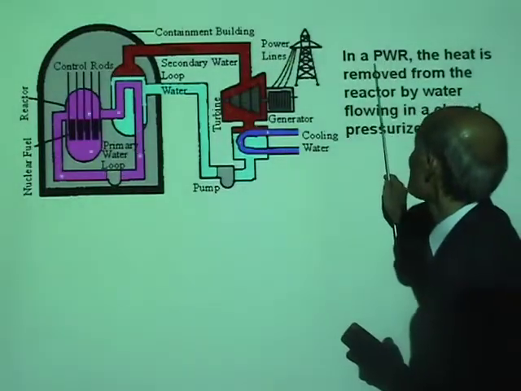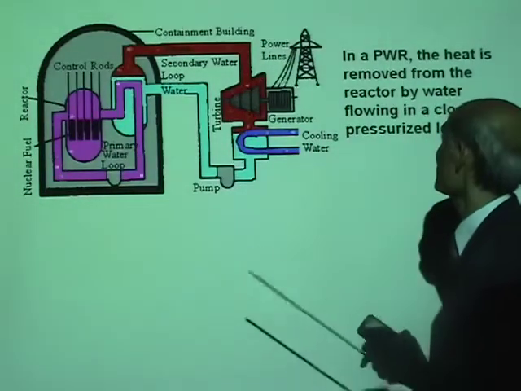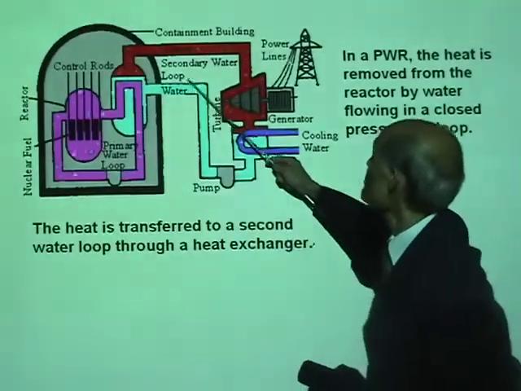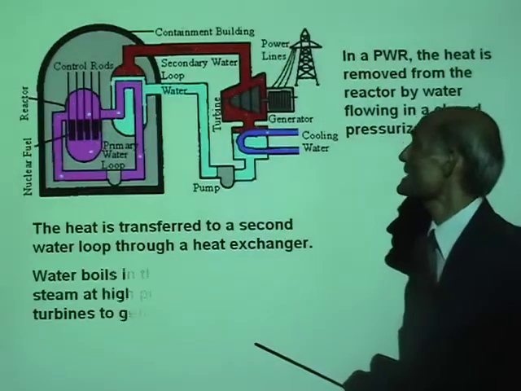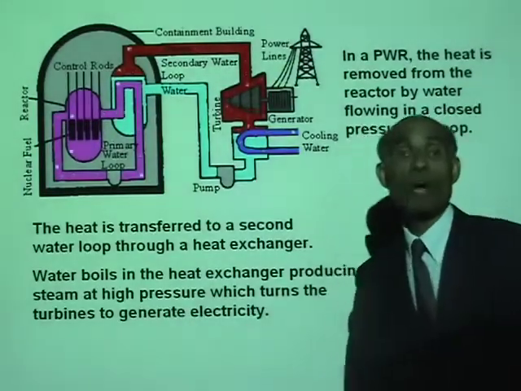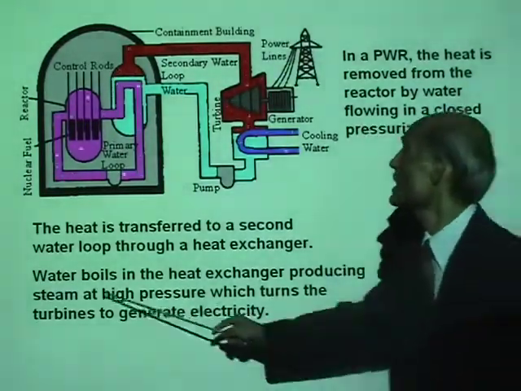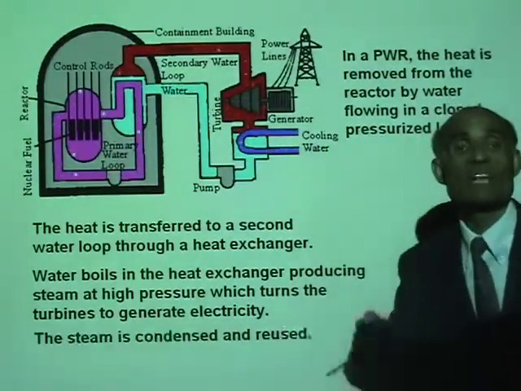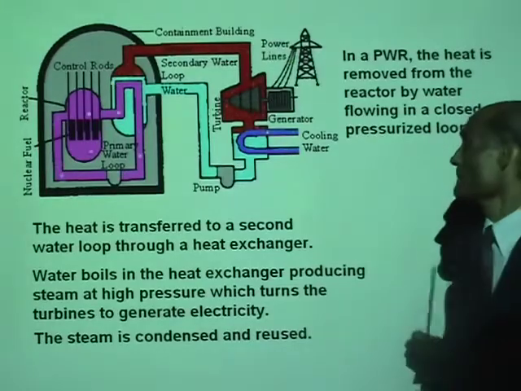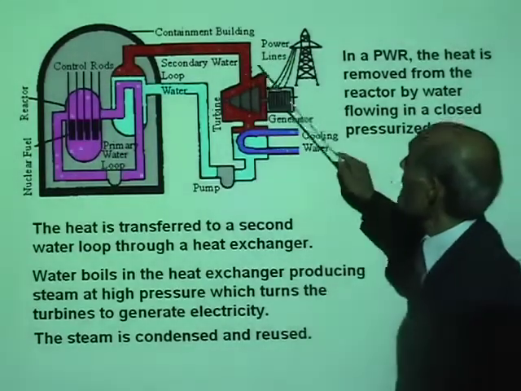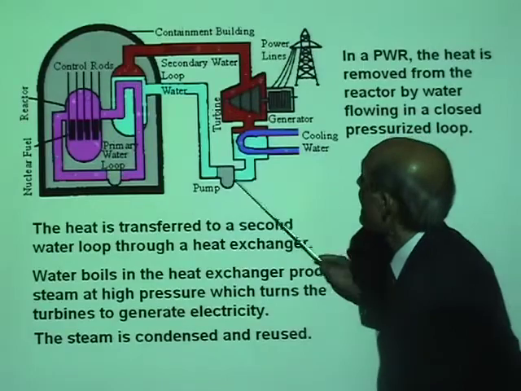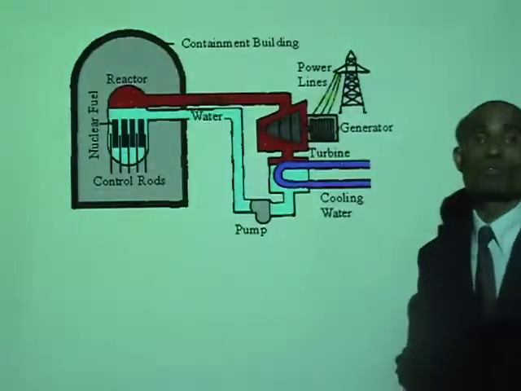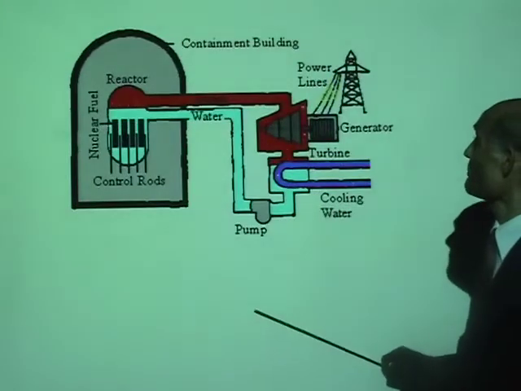That's why it's called the pressurized water reactor. Now the heat is transferred to a secondary loop through a heat exchanger. Water boils in the heat exchanger, producing steam at high pressure, which then turns the turbine to produce electricity. And that steam is condensed back and used again. The water is reused over and over again.